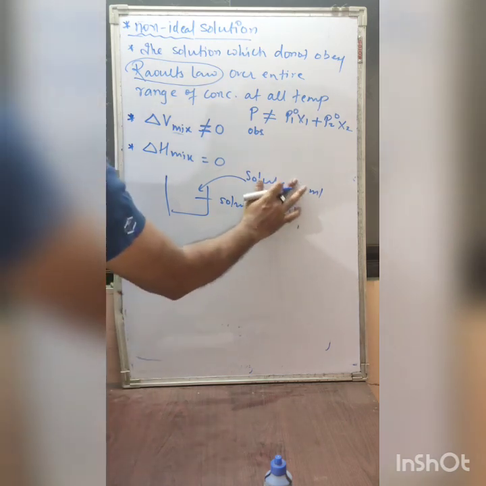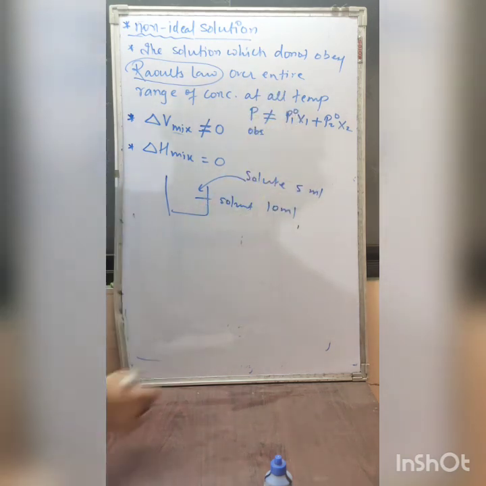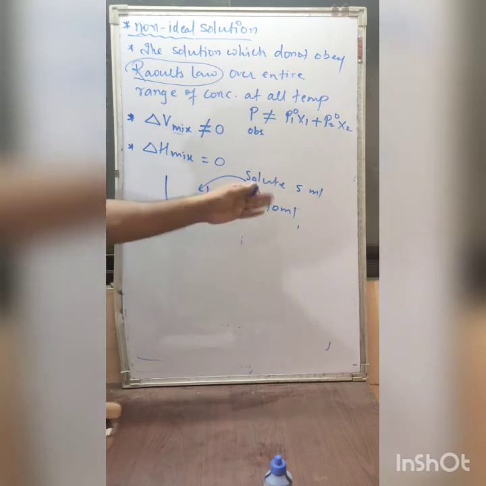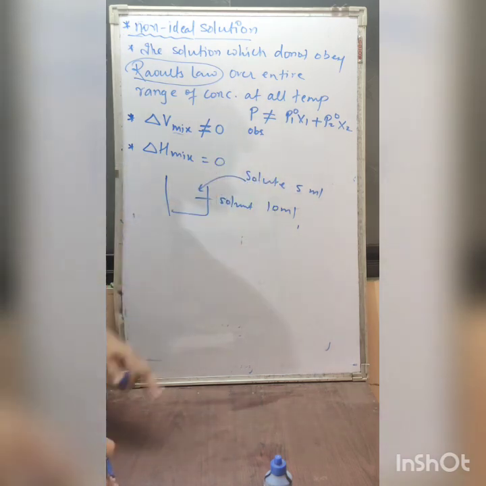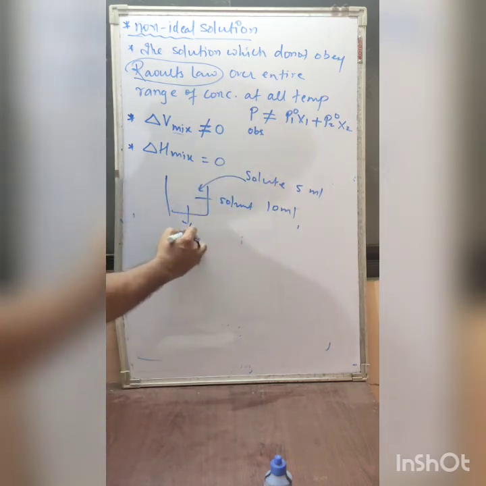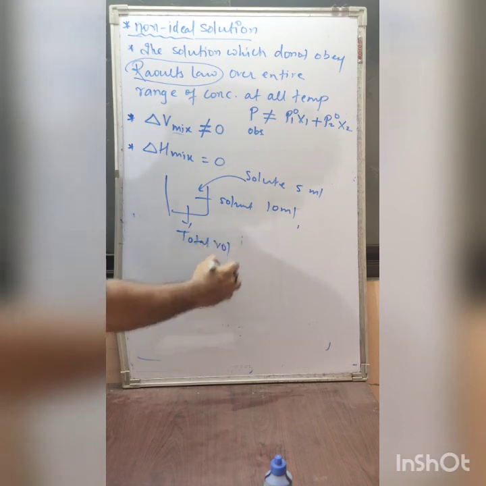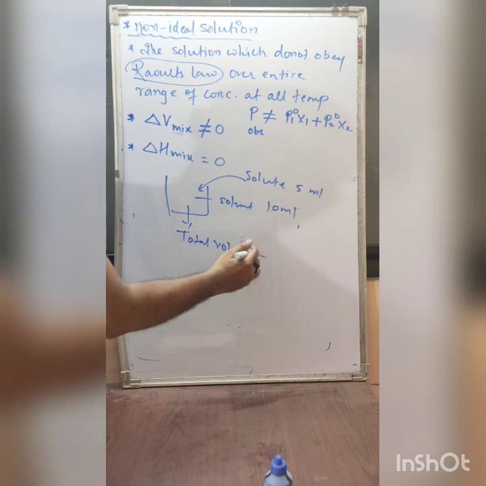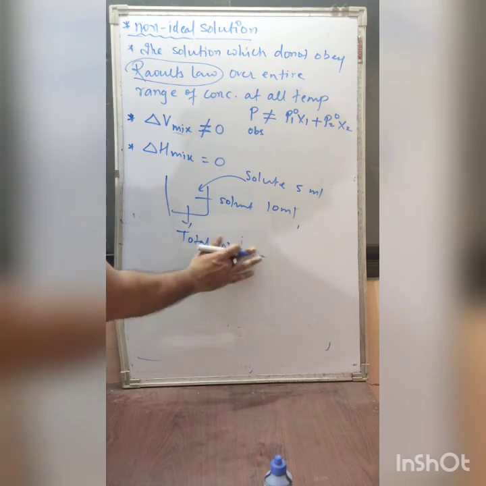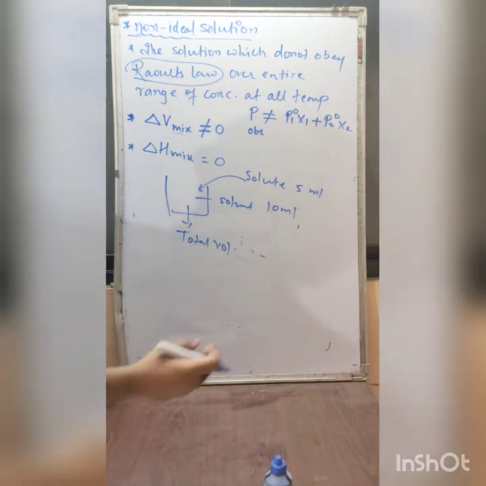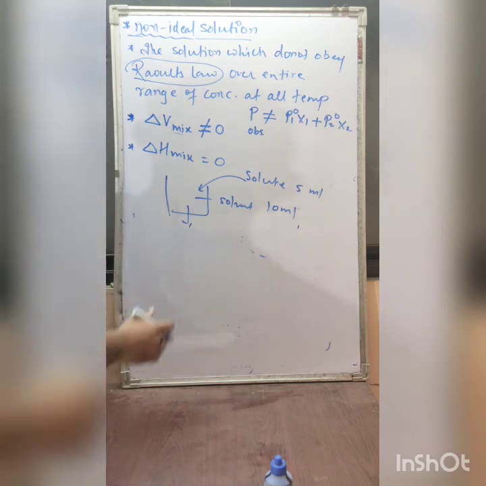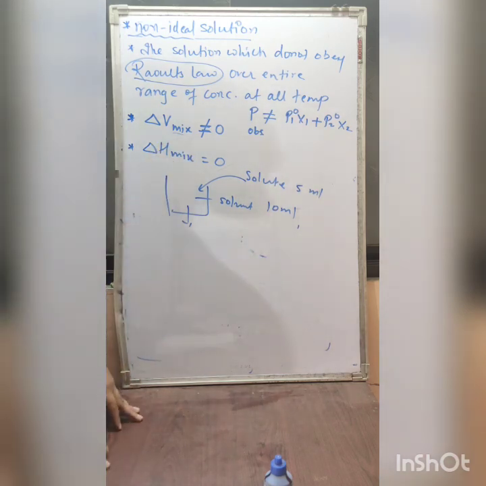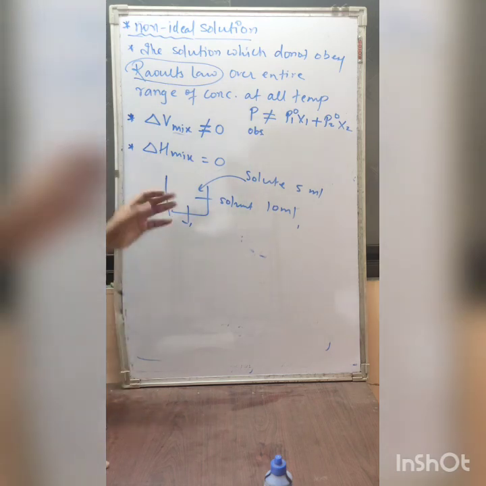Okay, sir, we will take a smaller amount, as per your solution definition. Suppose I have taken 5 ml of solid. So the total volume should be 15, but it is not 15, it will change. It may decrease. So at this time delta V mix is not equal to 0, and that is called a non-ideal solution.